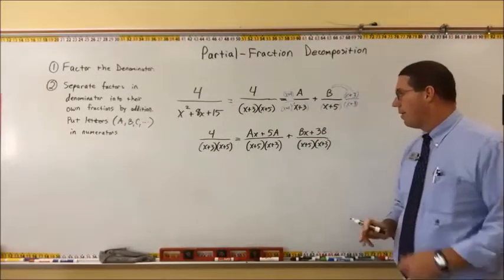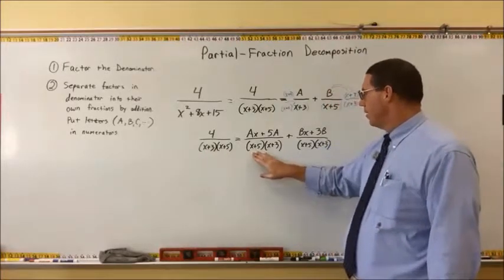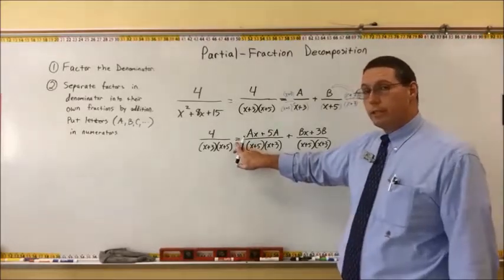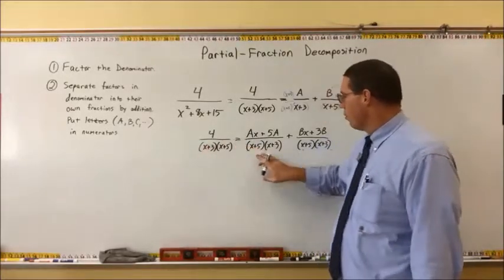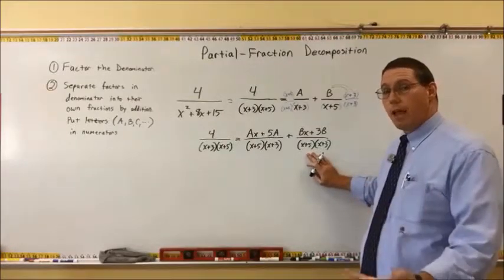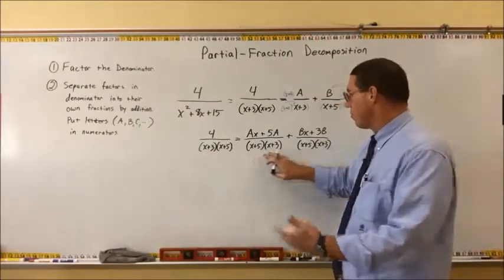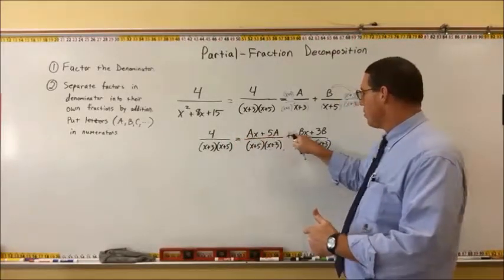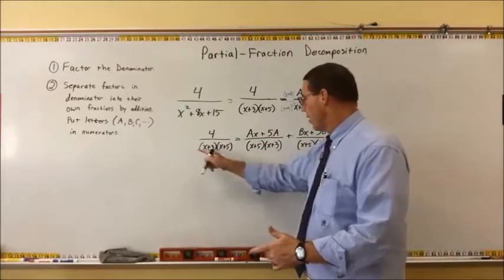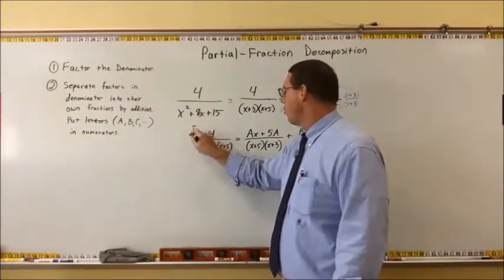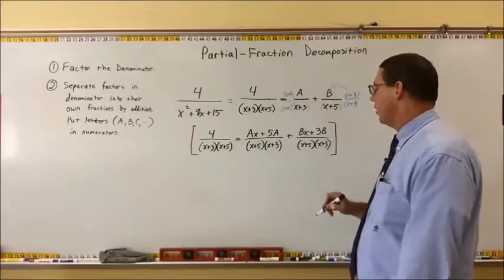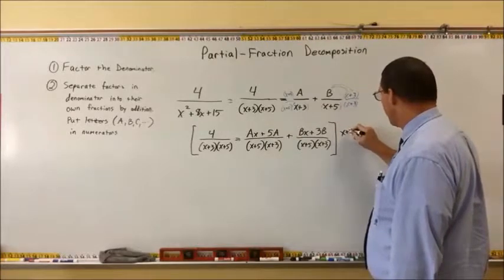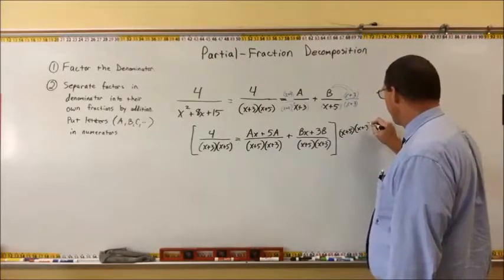Now that we have a common denominator, look, it's an equation. What we can now do is cancel all of the denominators because they're the same. If all the denominators are the same, then 4 must be equal to this expression here. Algebraically, the way we're canceling the denominators is by multiplying both sides by x plus 5 times x plus 3.